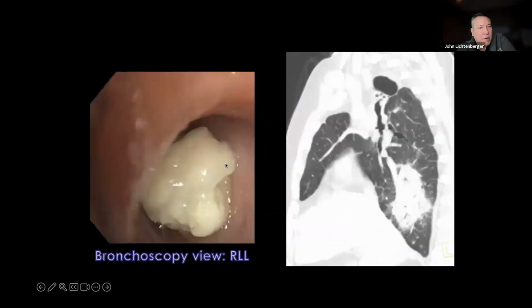On bronchoscopy, we have a very dramatic filling defect within the airway. It looks fibrinous and white within the airway. This is referred to as a bronchial cast.